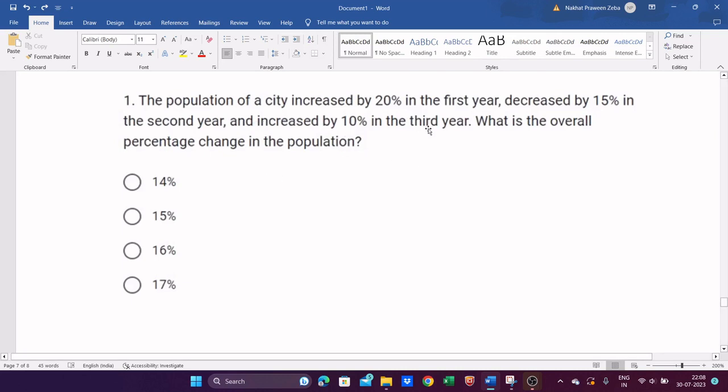Now for the third year, 10% increased, so again 110, right? So now you can solve it. I'm saying it again: 100 times 120, then multiplication, 120 minus 15, and then multiplication, and 10% is increased in the third year, so plus 10.